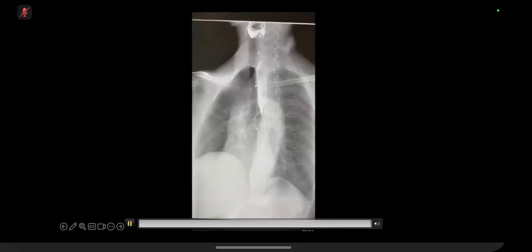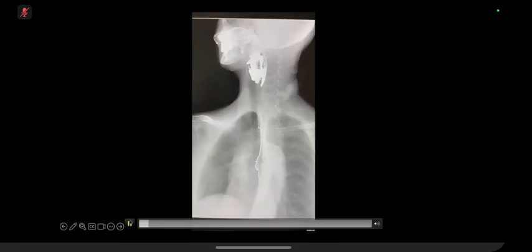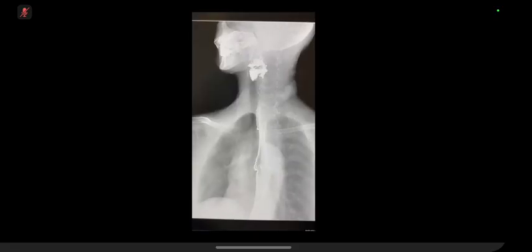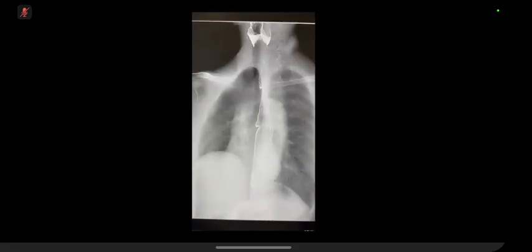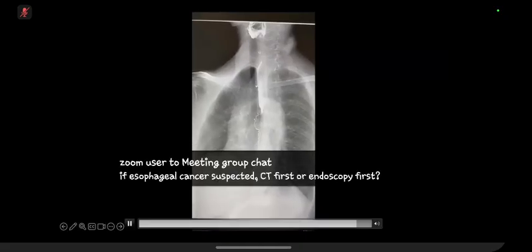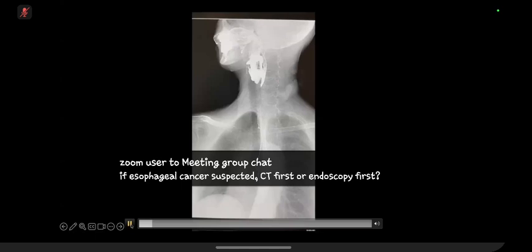Not able to see much. Maybe there is a focal bulge in the esophagus, in the middle. Okay, what do you think?